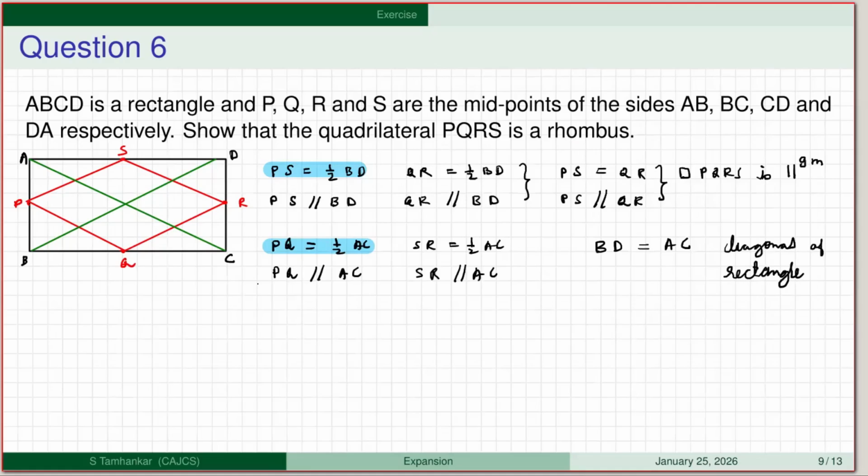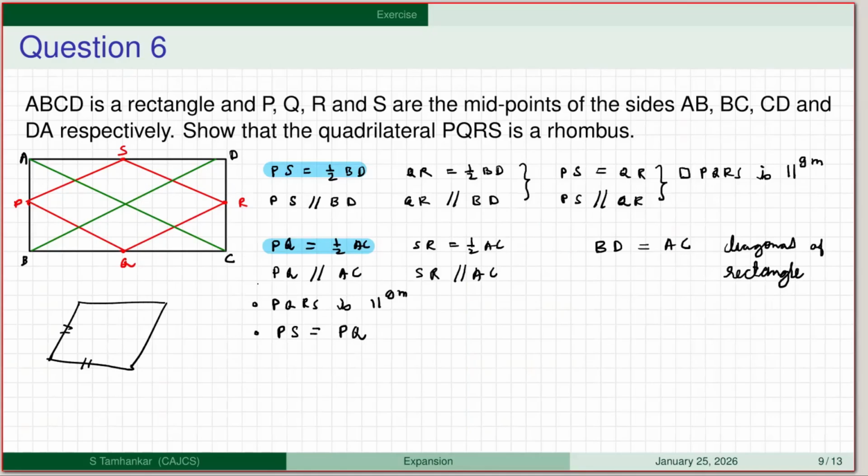So what do we have? We have PQRS is a parallelogram. We have BD equal to AC. We have PS half of BD, and PQ half of AC. Therefore, PS equals PQ. Now, what does that lead you to? It leads to the property that this is a parallelogram, but its adjacent sides are equal.